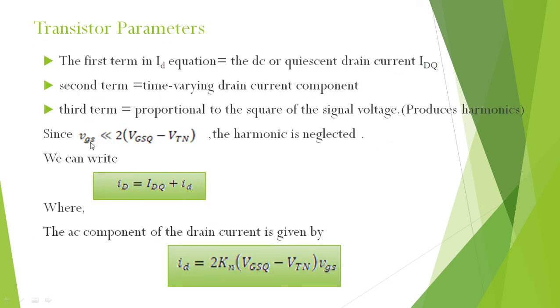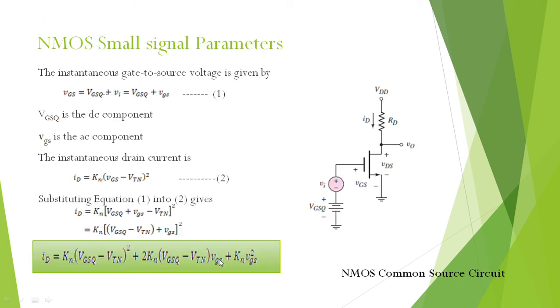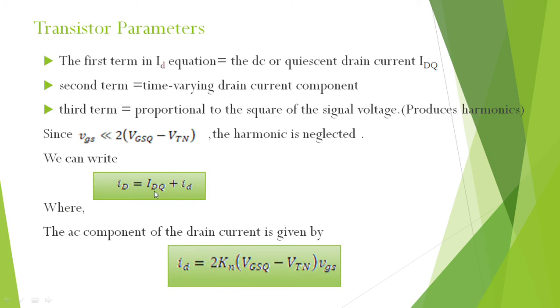Since vgs is considered to be very much less than 2 into VGSQ minus VTN, this harmonics term can be neglected from the circuit. If we remove this harmonics term, then the total drain current can be written as IDQ plus id, where IDQ is the DC component of the drain current, and id is the time varying or AC component of the drain current.